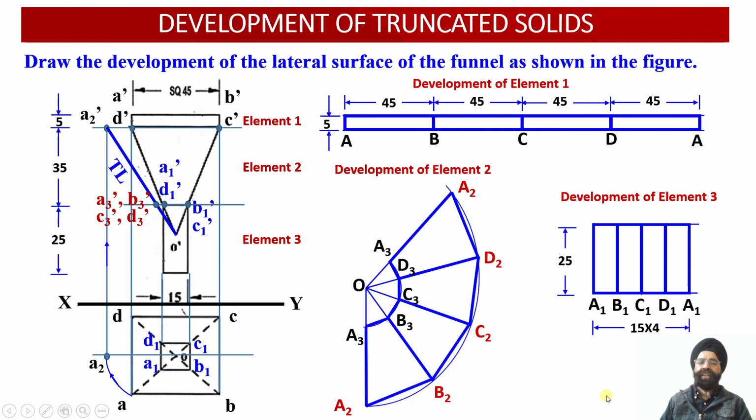So I hope that through this discussion you would have understood the procedure, how we can make use of the principles of parallel line development method and the radial line development method to evaluate the development of the lateral surface of the funnel, which is having multiple elements configured into it.